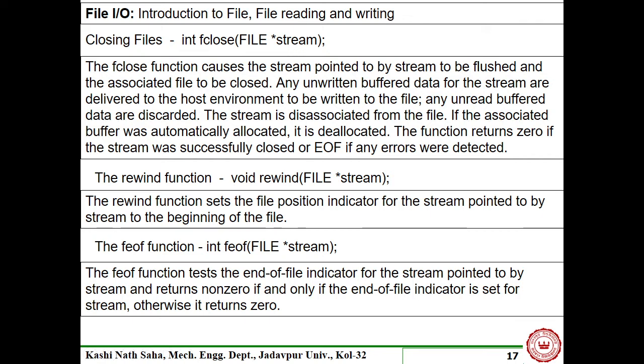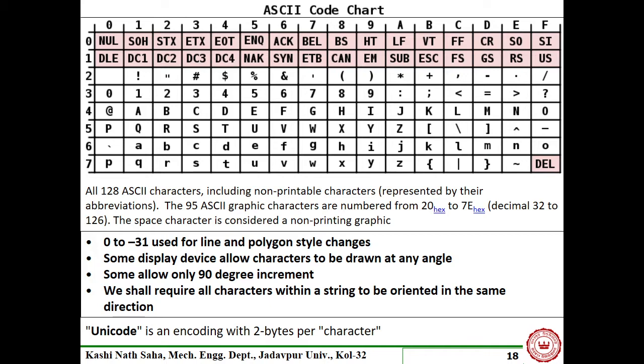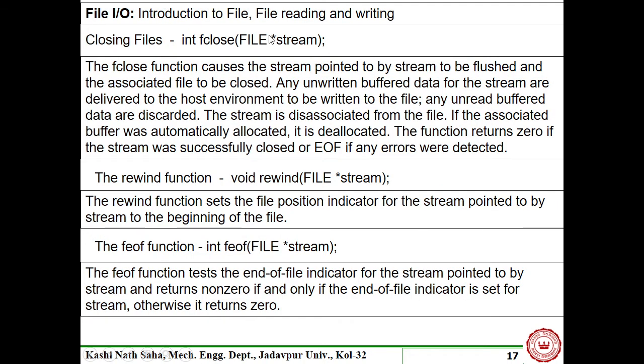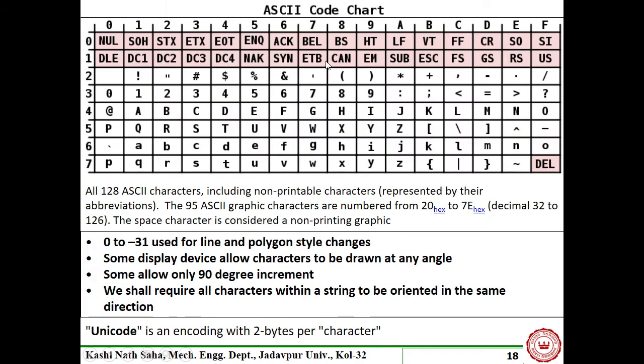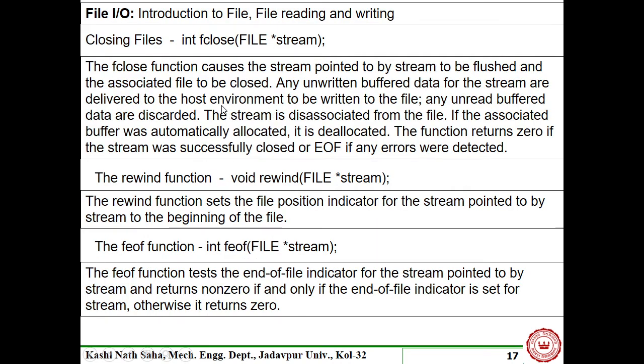Because everything comes ultimately in binary. And that way, to understand this stream, what we need to understand is these character codes. These codes, I will talk about these codes, and you see this part also.